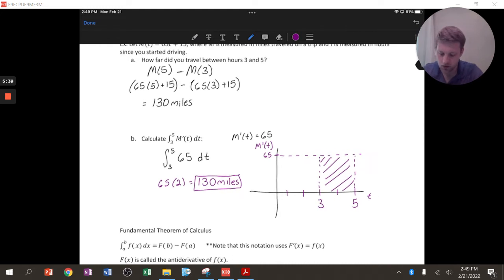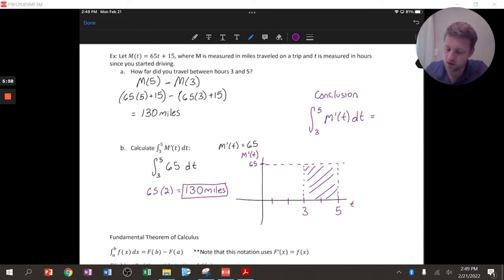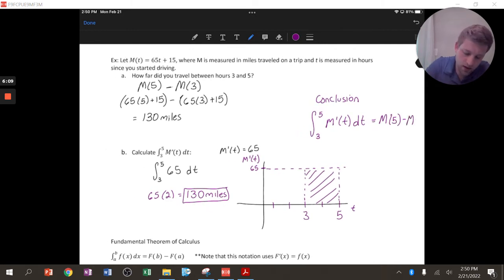So one conclusion that we could make here for this specific problem could be the following, that the integral from 3 to 5 of M prime of t dt is equivalent to what we just found in part A. That was the functional value M of 5, that's the first endpoint, minus M of 3, that second endpoint.